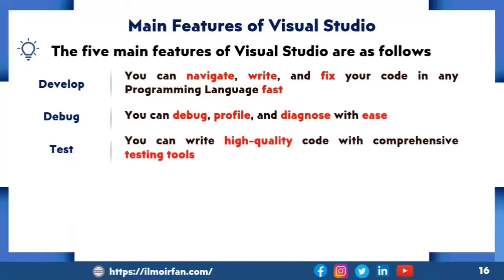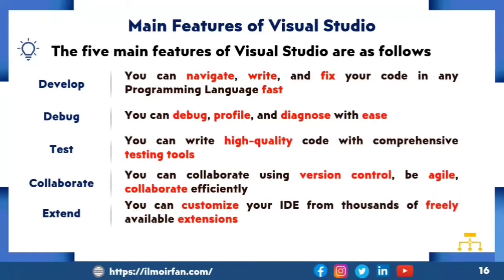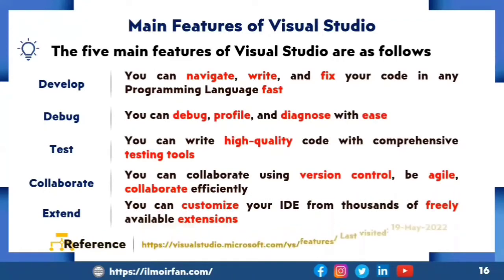Third feature is test. You can write high quality code with comprehensive testing tools. Next feature is collaborate. You can collaborate using version control, be agile, collaborate efficiently. And last feature is extend. You can customize your IDE from thousands of freely available extensions.